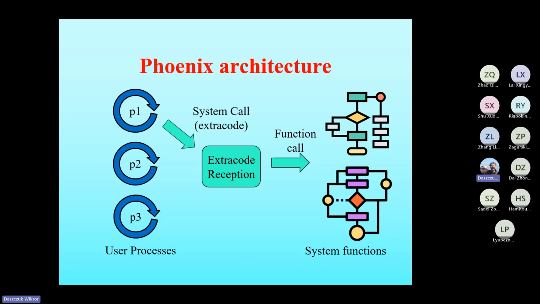Typically, it's a function call that is directed to system functions. Most of them are in servers. A small number of them is inside the microkernel. For example, if we want to send a signal between two processes, it is done entirely by the kernel. If we want to open a file, it is directed to a file server.